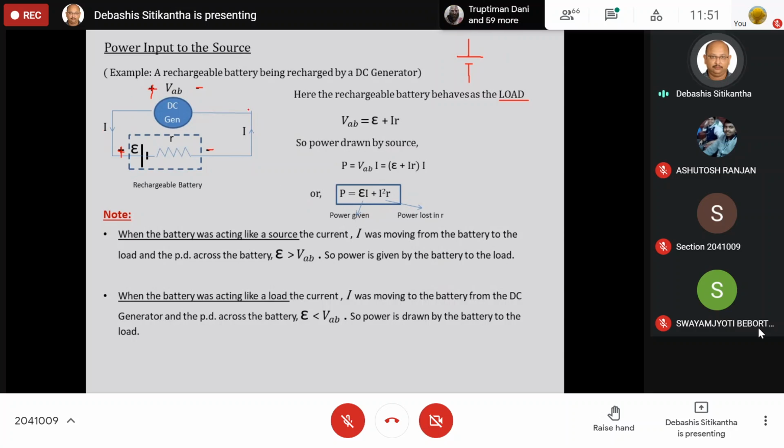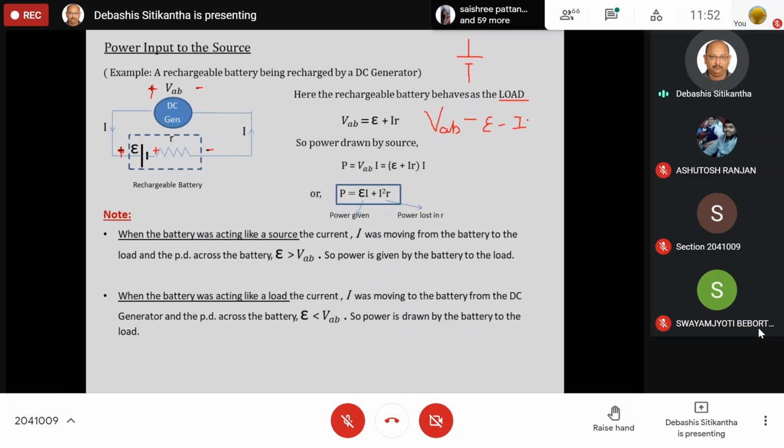Now you put your KVL, Kirchhoff's voltage law, in this equation. From minus to plus it is VAB, then from plus to minus it is minus E. The current is moving in this direction, so this one is going to be positive, so again it is minus IR.